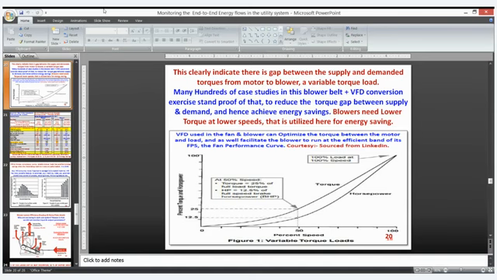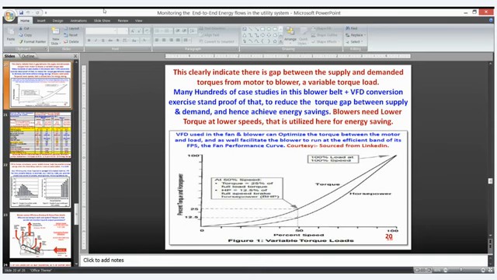Here on this VFD, we have done a case study. In fact, hundreds of case studies have been done on blowers with belt and VFD conversion. Instead of a V-belt, it has been changed to a cogged belt with resized pulleys, and the VFD has been made to match the demanded torque and the delivered torque from the motor and the demanded torque from the blower.